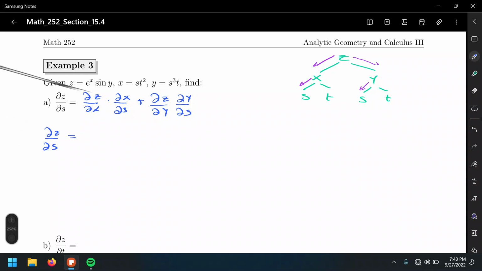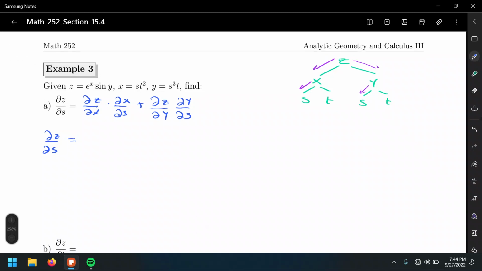So the partial of the function z with respect to x, and notice we have z depending on x and y, so that should be a given. With respect to x, what's the derivative of e to the x? Just e to the x, but this sine y is a multiple constant, so it stays itself: e to the x sine y, times the partial of x with respect to s.